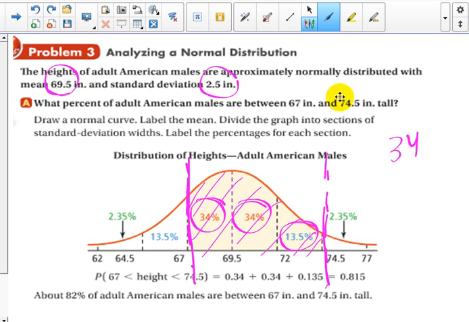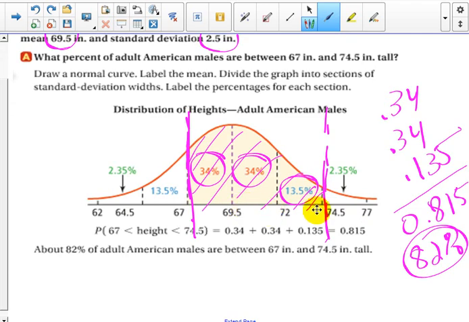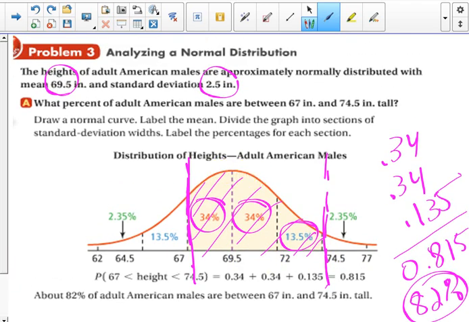So 34% plus 34% plus 13.5% is going to equal 81.5%, or about 82% of American males are between 67 inches and 74.5 inches. All right? Any questions on that? Pretty easy stuff.